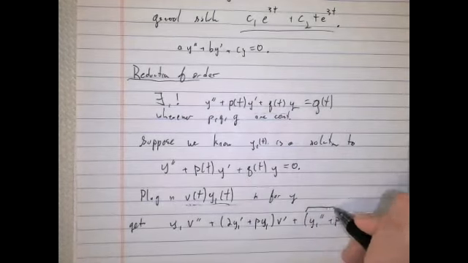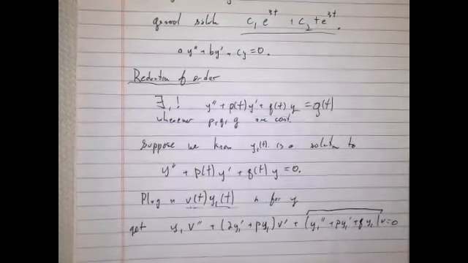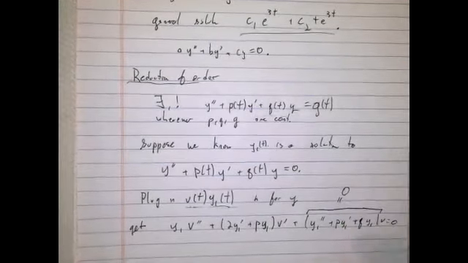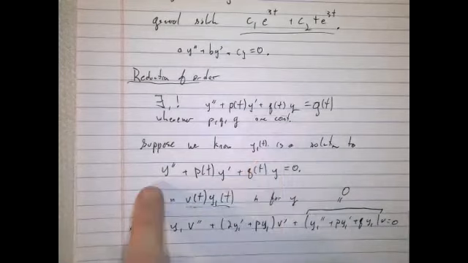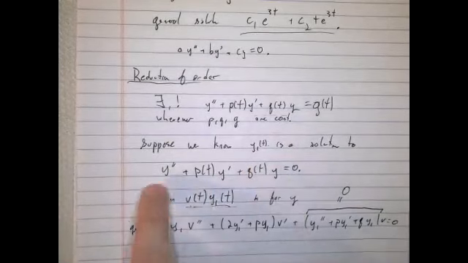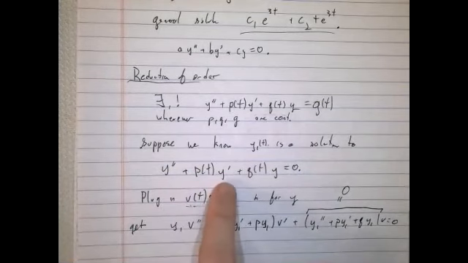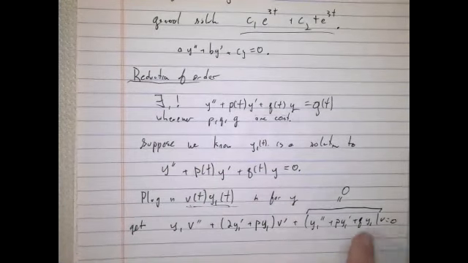What is this? Is that 0? Yeah, this is 0 because y1 is assumed to be a solution to exactly this differential equation. Y1 being a solution means y1 double prime plus p of t y1 prime plus q of t y1 is 0.